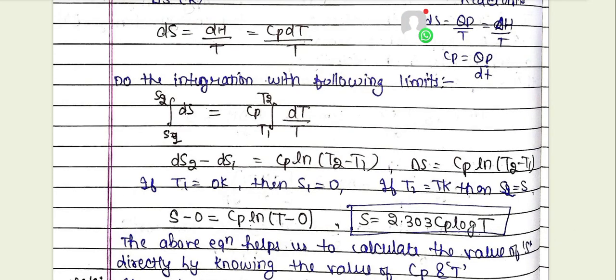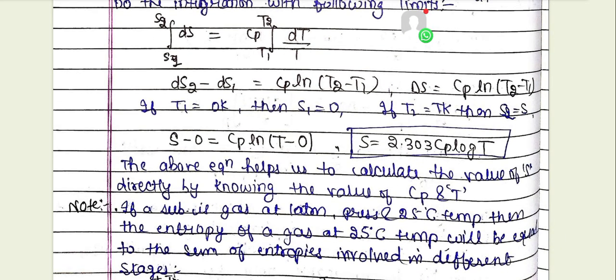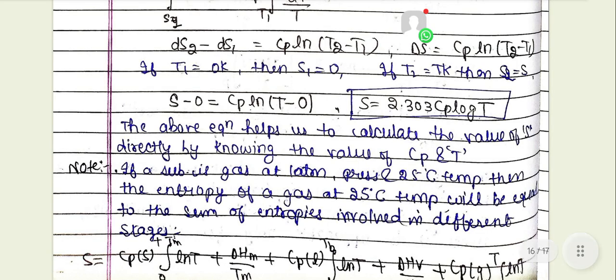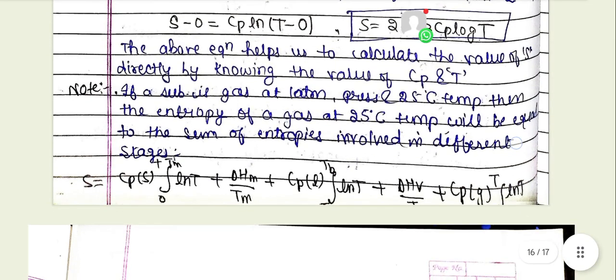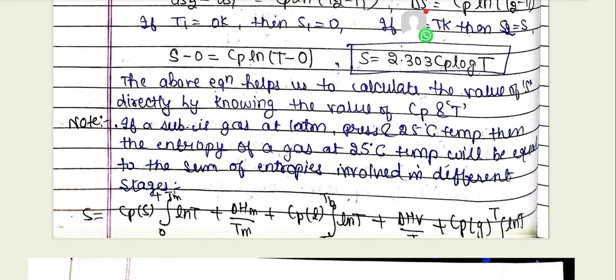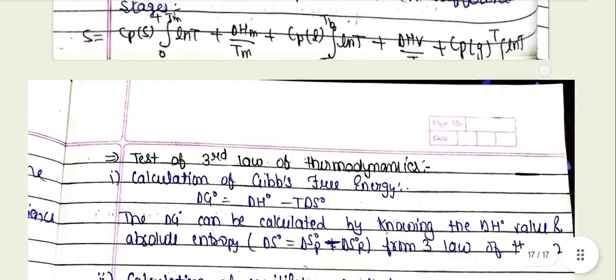Integration of dS from limit S1 to S2 will give Cp integration of dT upon T from limit T1 to T2, and we will get S is equal to 2.303 Cp log T. The above equation helps us to calculate the value of S directly by knowing the value of Cp and T. Note: if a substance is a gas at 1 atmospheric pressure and 25 degrees Celsius, then the entropy of the gas at 25 degrees Celsius will be equal to the sum of the entropies involved in the different stages.